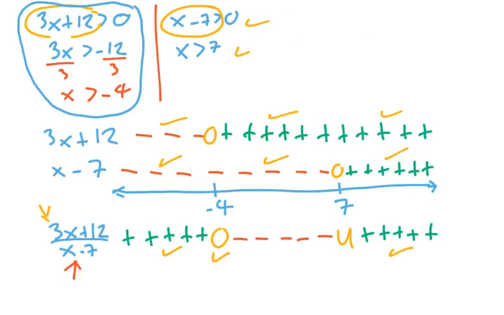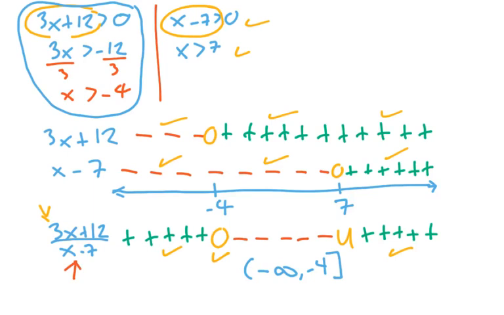So, writing that in interval notation, we see that we would have positive values from negative infinity to negative 4. Negative 4 is a good place because that gives me a 0, and we wanted it to be greater than or equal to 0, so include the negative 4. Don't include the numbers between negative 4 and 7. Those gave me negatives.